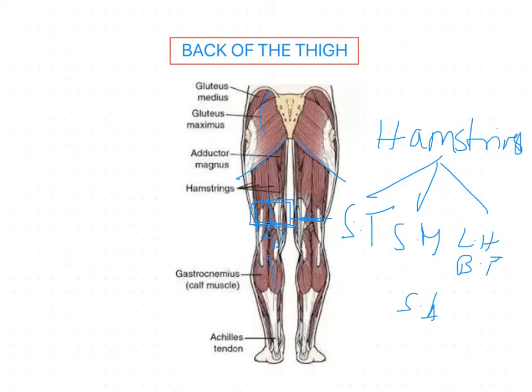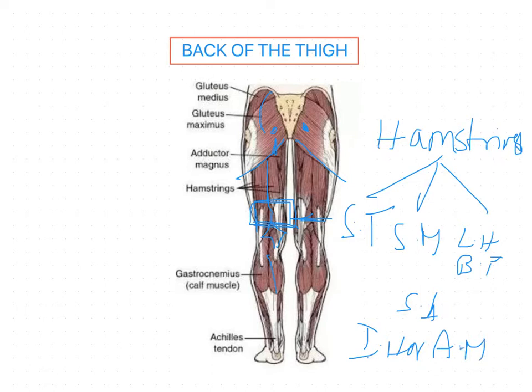Another muscle included in the back of the thigh is the ischial head of adductor magnus. On the posterior aspect we can find the ischial tuberosity, so the part of adductor magnus originating at the ischial tuberosity is what we consider here, only the ischial head of adductor magnus.